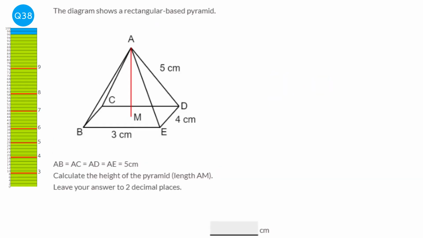We're going to start off this question by finding length BD, and we do that by doing a little right angle triangle down here. And let's draw that right angle triangle out. Okay, so we've got a length of 4 on ED, length of 3 on BE, and we're looking for length BD. So we're going to use Pythagoras.